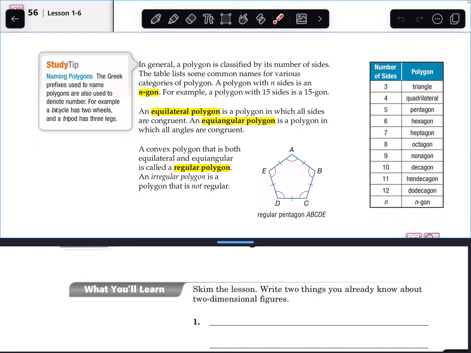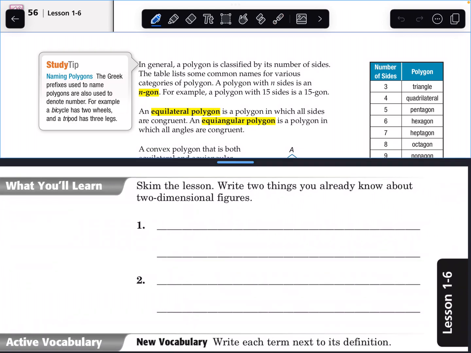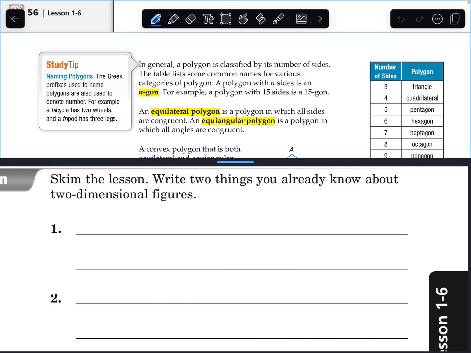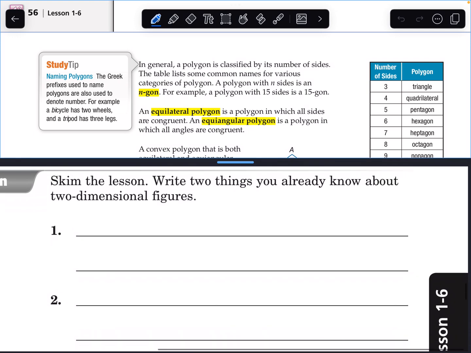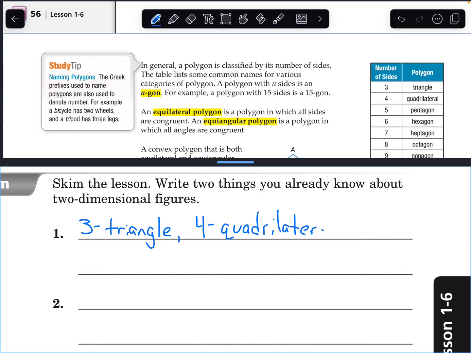We could definitely write that down as something we already know about two-dimensional figures. I know that 3 sides is a triangle, 4 sides, quadrilateral, 5 sides, pentagon, 6 sides, hexagon.